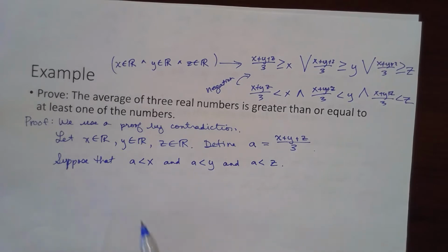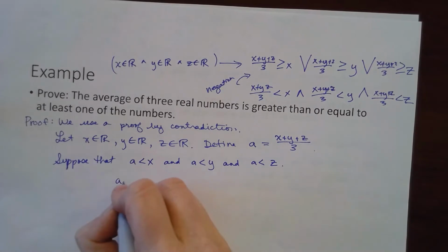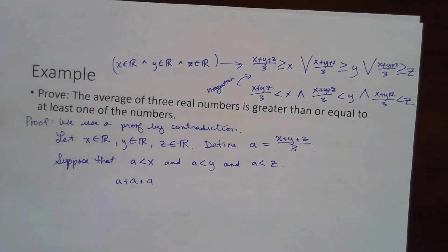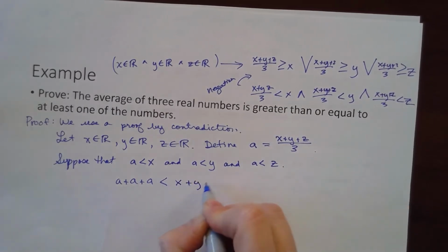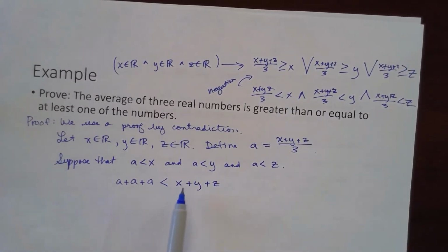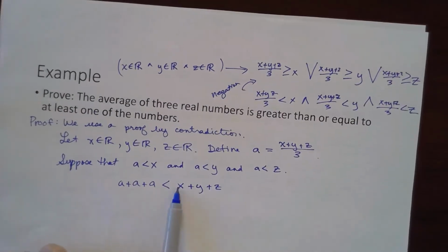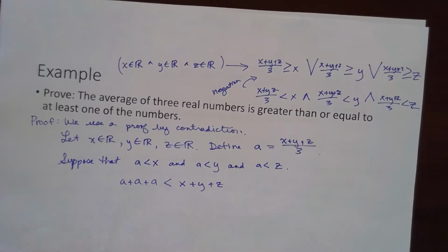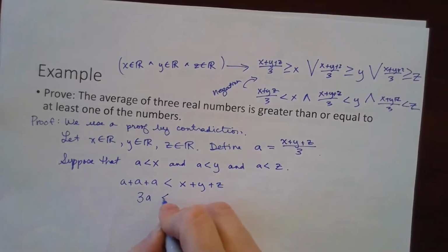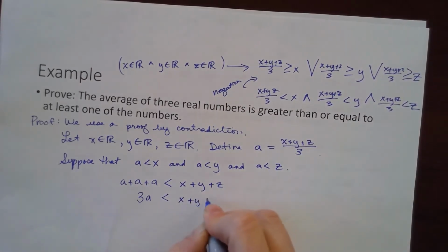If I add the left sides, I do A plus A plus A. If I add up the right-hand sides, since X is bigger than A, Y is bigger than A, Z is bigger than A, certainly the sum of X, Y, and Z is bigger than A plus A plus A.